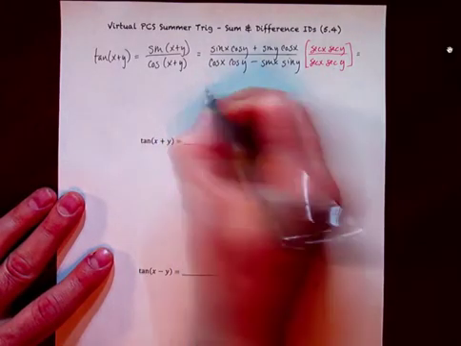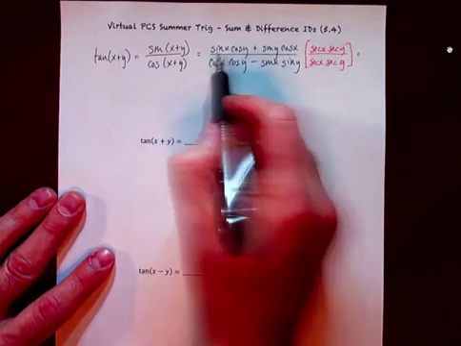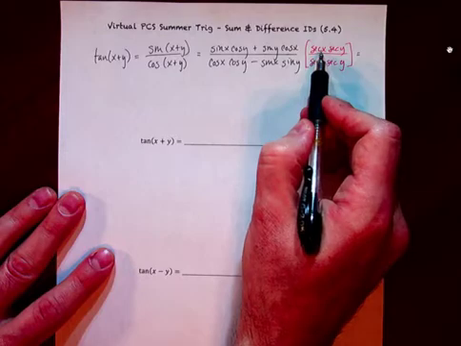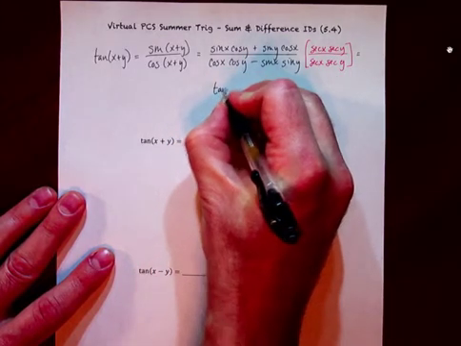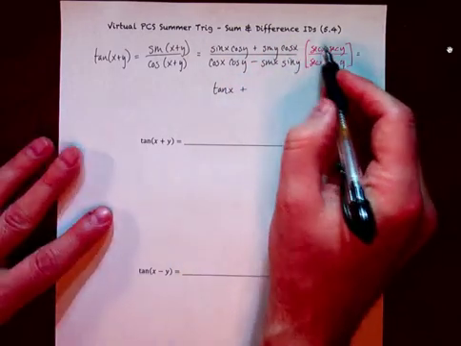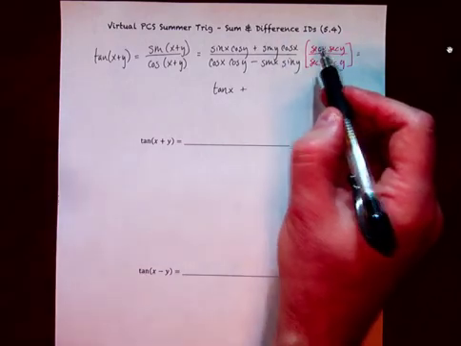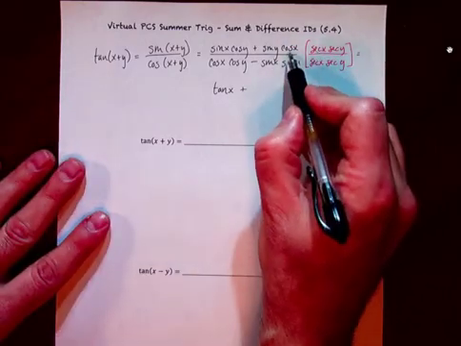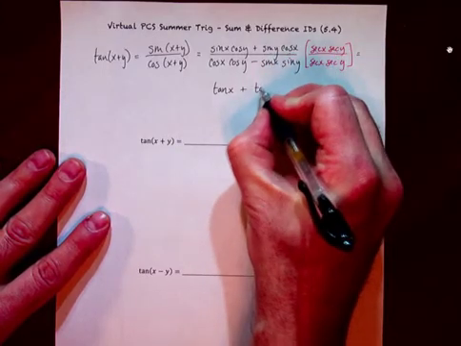When I distribute it to the first term, the sine x and the secant x combine to be tangent x, but the cosine y and the secant y cancel out. The same thing happens for the opposite variable: the secant x and the cosine x cancel, but the sine y and the secant y combine to make tangent y.